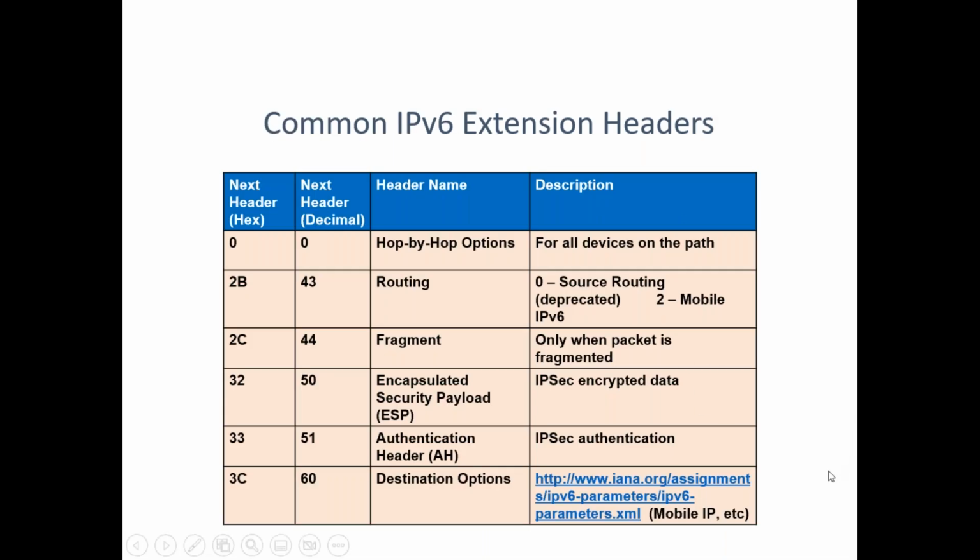So these are some of the common extension headers: hop by hop, routing, fragment, and so on. You may be familiar with the ESP and authentication headers. Those have been back-ported to IPv4 and are used in IPsec. Much of that you will see when you're doing VPNs.